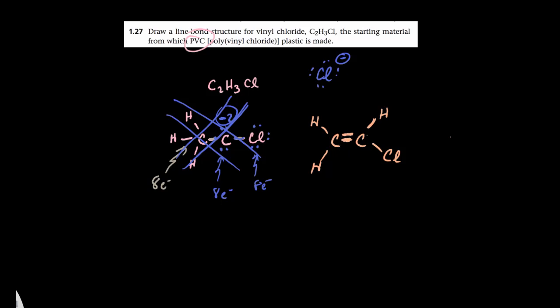And in order to achieve that stable octet, that noble gas configuration, that's why these atoms come together to share electrons, so that they can all achieve that stable octet. And in this case, both carbon atoms have 8 electrons. Granted, they are sharing, but that's okay. And then the chlorine with its lone pairs as well. So this is the structure of vinyl chloride.